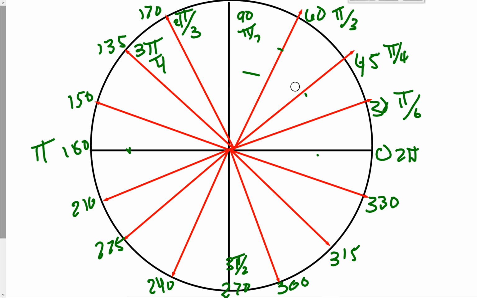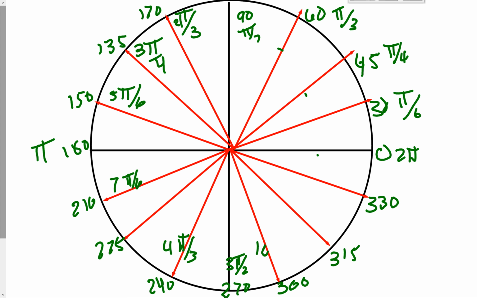And so you fill this out doing that. So this is 5 pi sixth, and this is 6 pi sixth. This would be 7 pi sixth. This would be 8 pi sixth, which if I reduce that by 2, I get 4 pi thirds. 3 pi halves, times that by 3, would be 9 pi sixth.